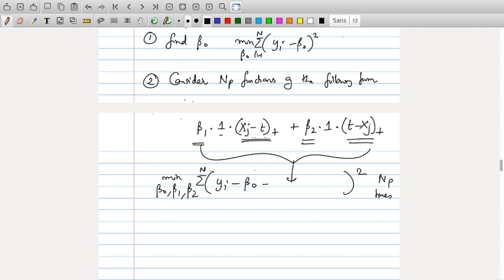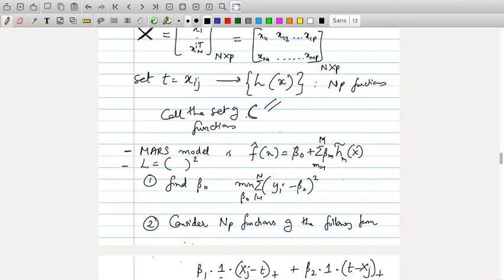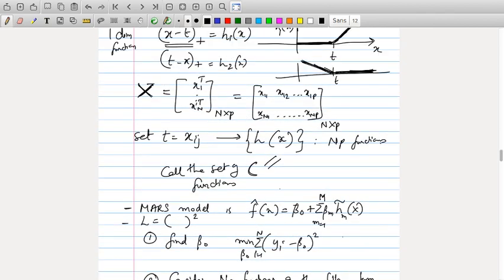So you're not optimizing for t, or how is t determined then? T is determined already, right? All these NP numbers are going to be the values of t, so there are NP such choices. I can pick t to be x11, then the function is going to be capital X1 minus this x11 value that I observed in my data.